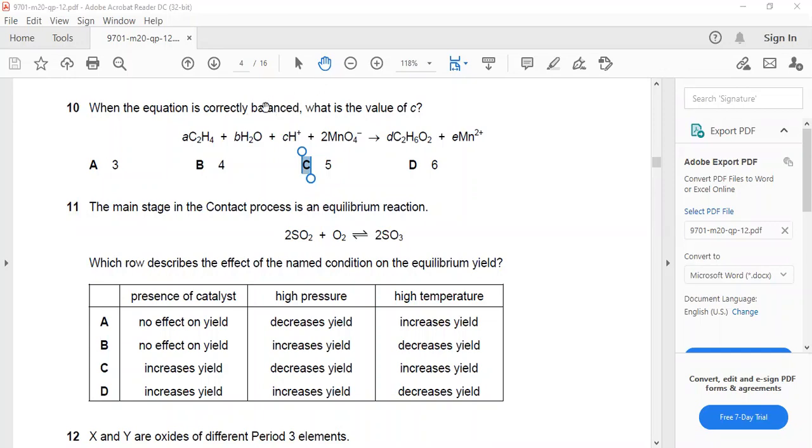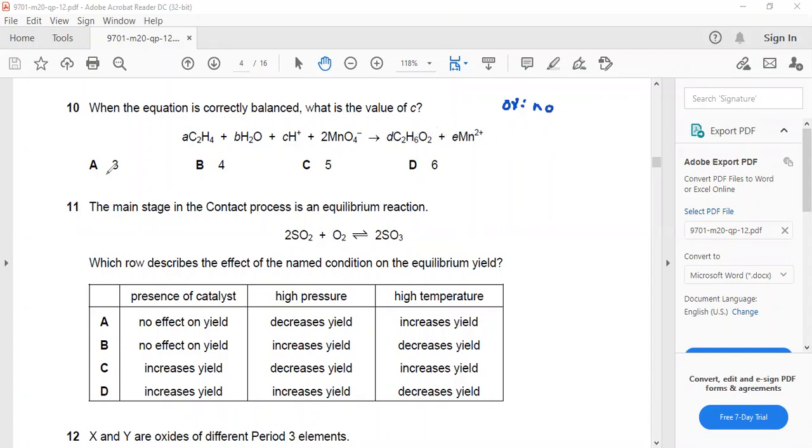Okay, look at question number 10. To understand this question, C is not the answer. You should know two things. One, you must know how to find the oxidation number. Second, how to balance the equation by using the oxidation number method.